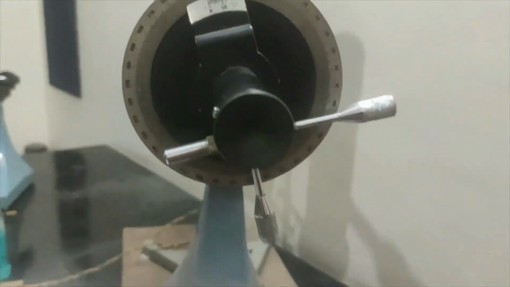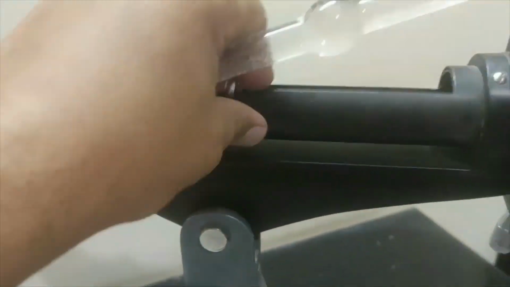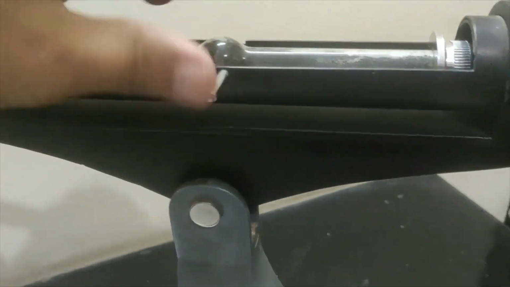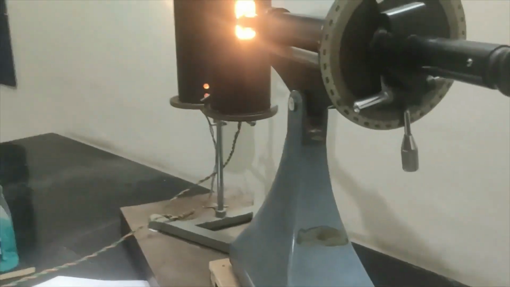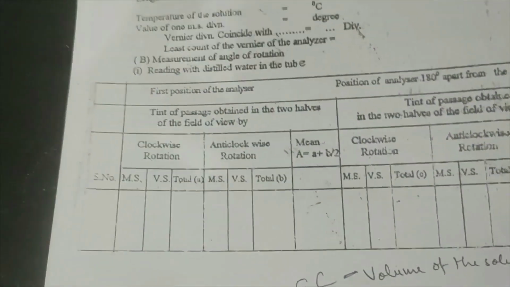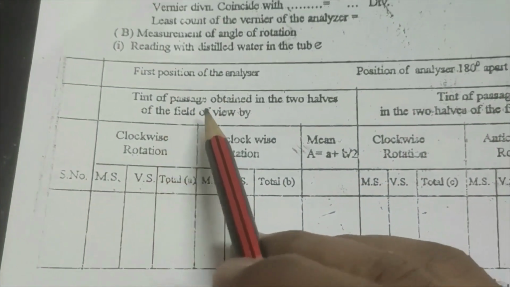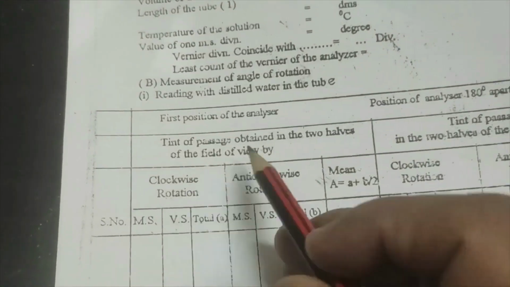Then I have to take the tube filled with simple water, and put this tube inside here, making sure that it fits properly, and then I'll cover it. Then I have to look for the tint of passage, because, as I have told you, in the observation table, for the first position of the analyzer, the tint of passage is obtained at the two halves of the field of view.